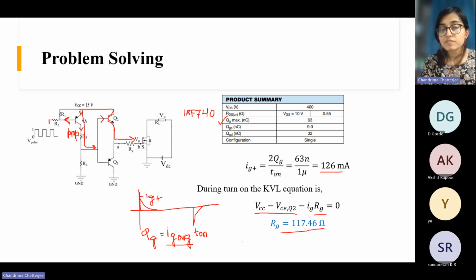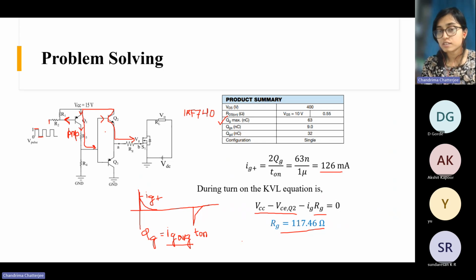If this point is high, there will be no base current, because it would try to push current in the other direction, but it can't. So when this is low, only then Q1 will be on, and unless Q1 is on, Q2 cannot be on.